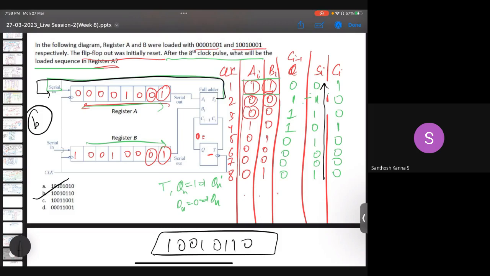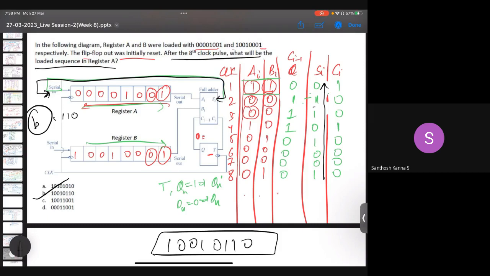Okay, so the last part. The question says that after the 8th clock pulse, what will be the loaded sequence in register A? Register A is getting loaded with this sum. You can see this sum is going here. First this sum will go here, then this sum will go here, and so on.